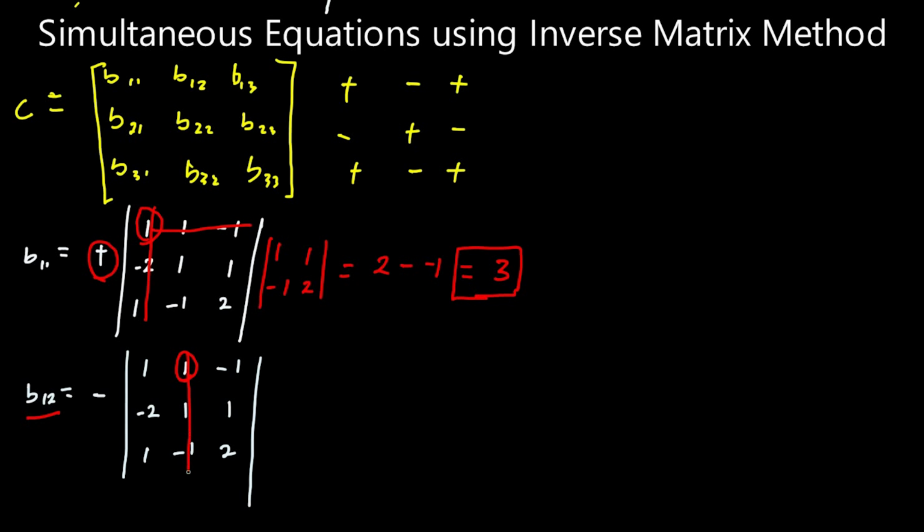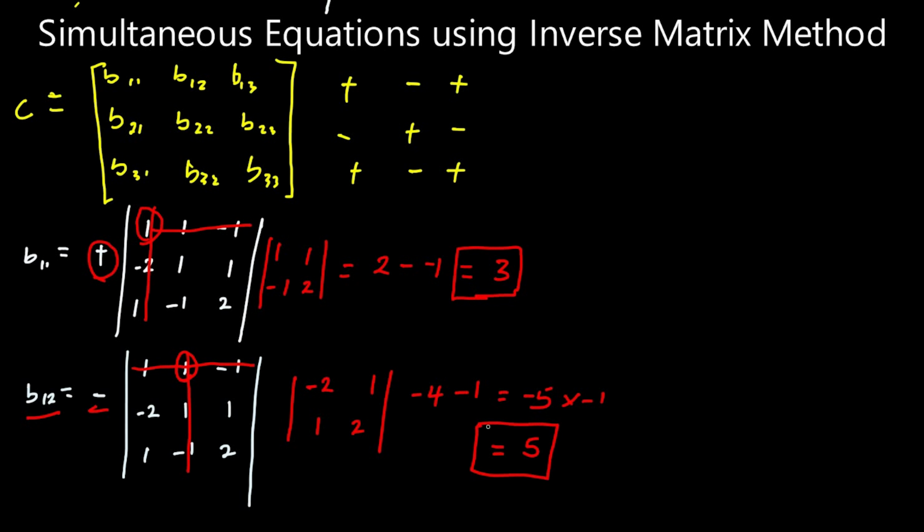So when we close this row, we close this column, we remain with minus 2, 1, 1, 2. We solve the determinant here. 2 times 2 is minus 4, minus 1. This gives us a minus 5. So we have minus 5, but the sign here is negative, so we multiply it by negative 1, and it gives us a positive 5. So this is the element that is going to be formed in B12.